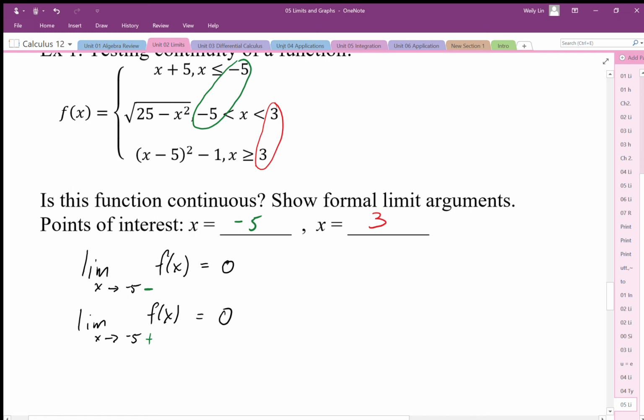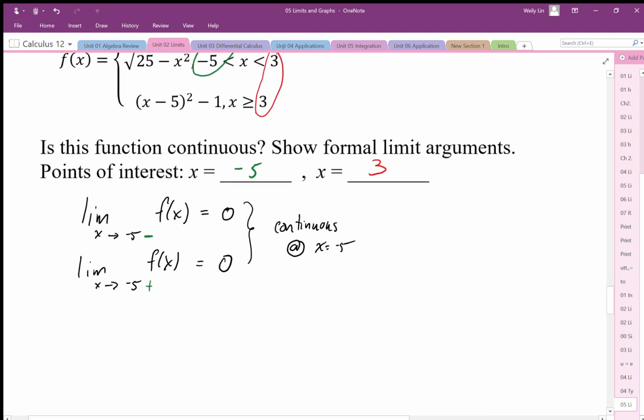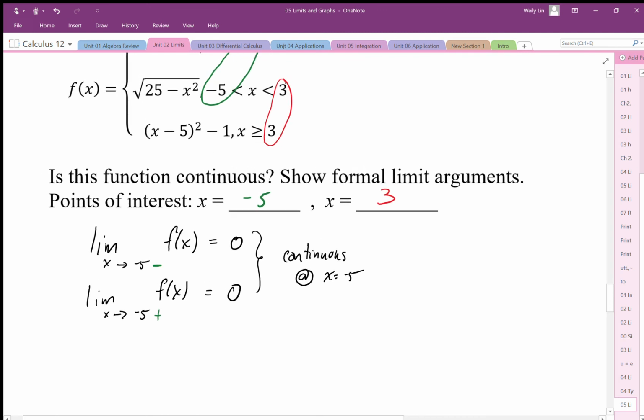So in this case, we can say that the left-hand limit and right-hand limit are equal, and it's defined at -5. So this is continuous at x equals -5.